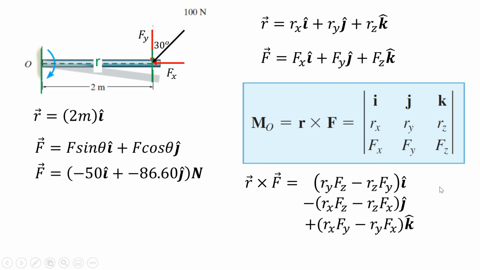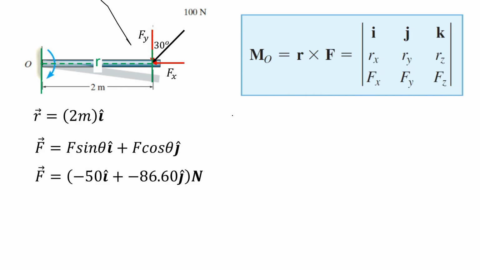And let's try to solve this. This is the moment, so that is R cross F, and it will be the matrix, so that is i, this is j, and this is k. For the second row, it should be the values of our R. We can see here we only have a value for i, so that is 2 meters.